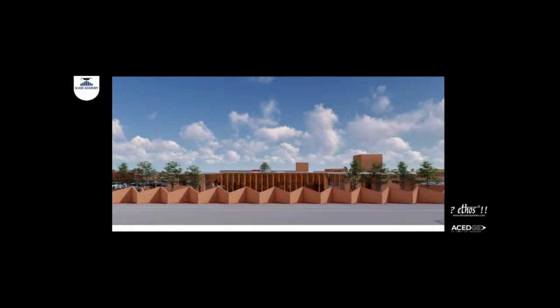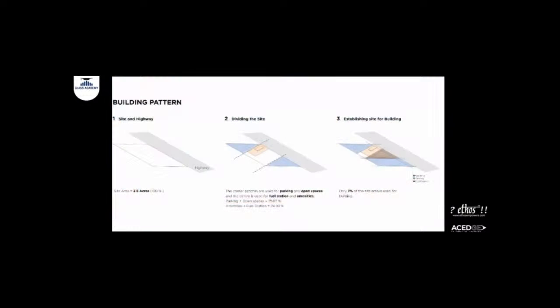It has a resting space, a toilet, an eating space, the tuck shop, and a sleeping area. So all the different facilities come together and make this campus. To make this campus, I would just like to take you through this building pattern, which will help you understand how this building was conceptualized.